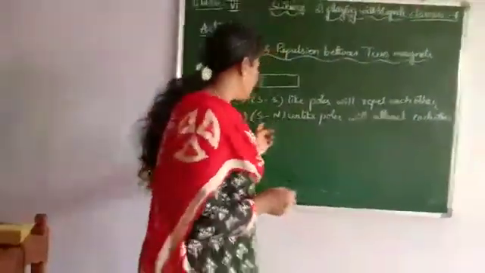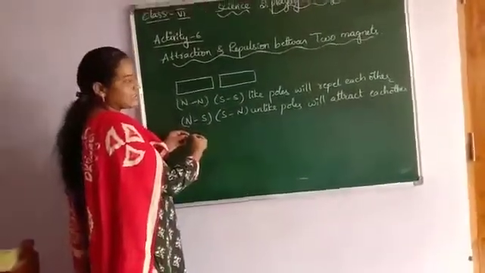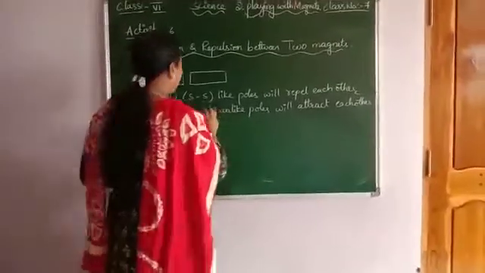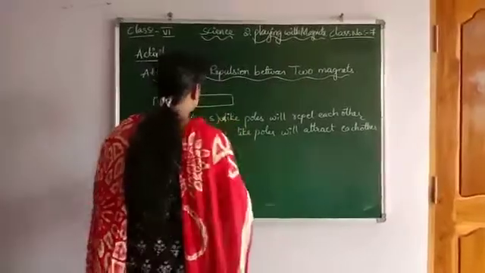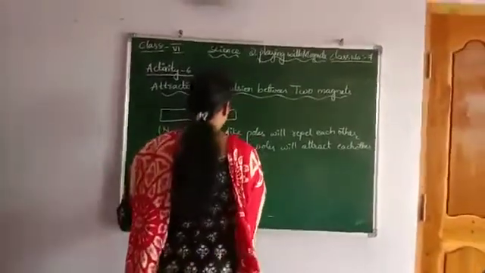They are going to attract each other. These are known as unlike poles, which attract each other. So these are unlike poles and these are like poles.